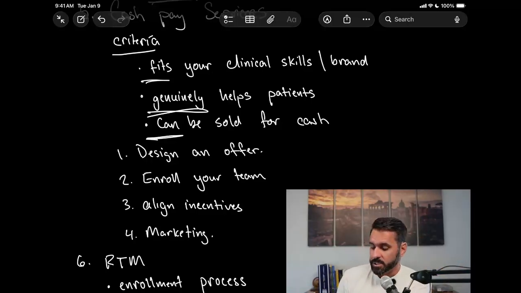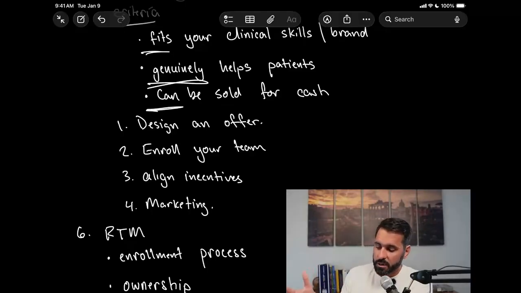Okay. And so very clear 4-step process here is, number one, design your offer, right? What is an offer that you feel excited about, that you feel is a real exchange of value for patients? Basically the offer is going to be a description.